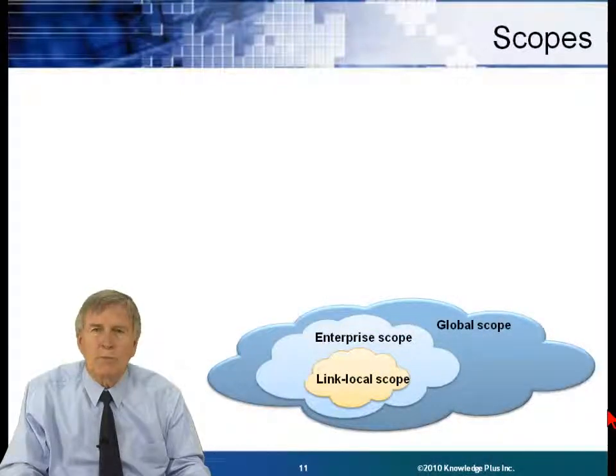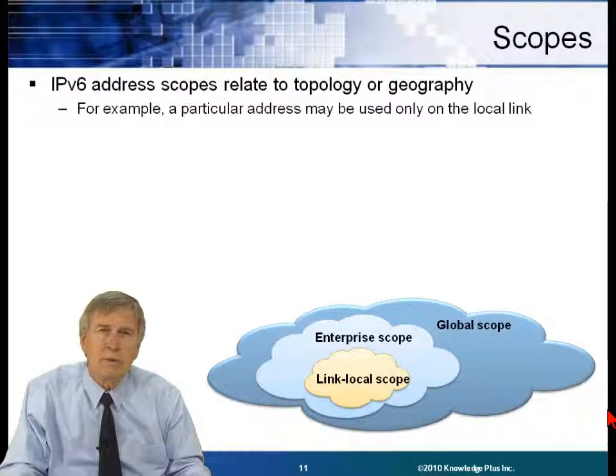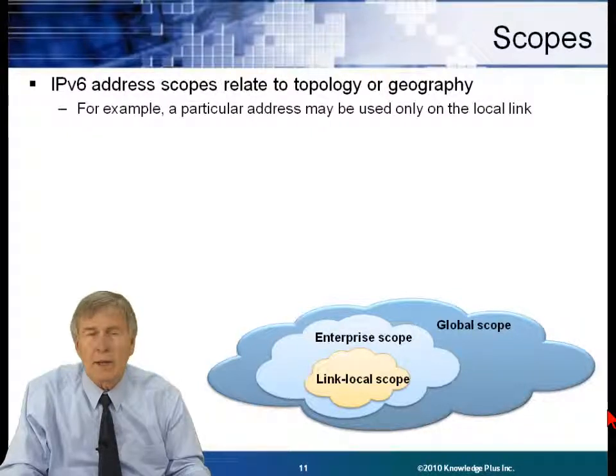Well, what are scopes? Scopes in IPv6 relate to the topology or the geography. Where in the overall network environment is this address to be used? For example, a particular address may be used only on a local link.